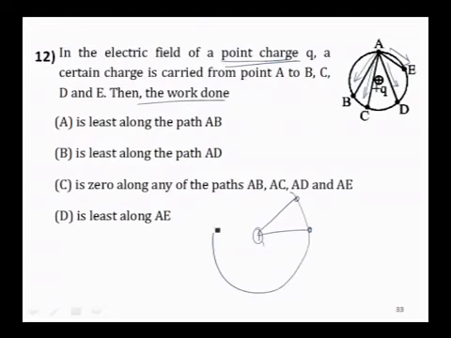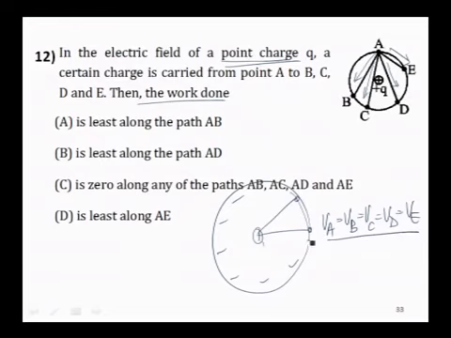If you consider a circular path like this, potential everywhere here will be the same. So therefore VA, VB, VC, VD and VE all are equal, because all of them are points at the same distance from this point charge Q. So potential at all these points being equal is the first point to consider.